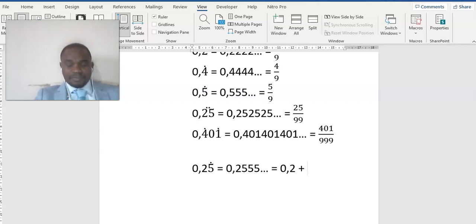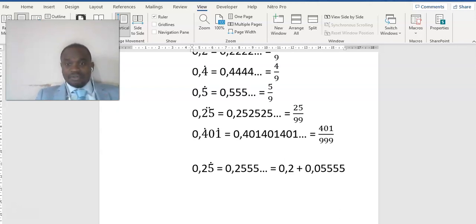plus, it's left with 55555, né? So it's going to be 0, you have written these 2 already here, but this 5 you have not written, so it's going to be 55555, like that, né?